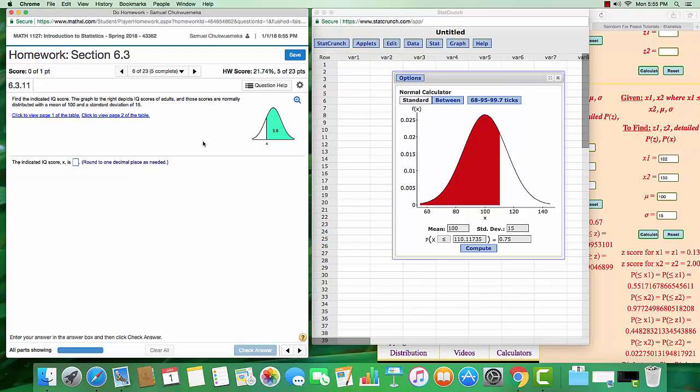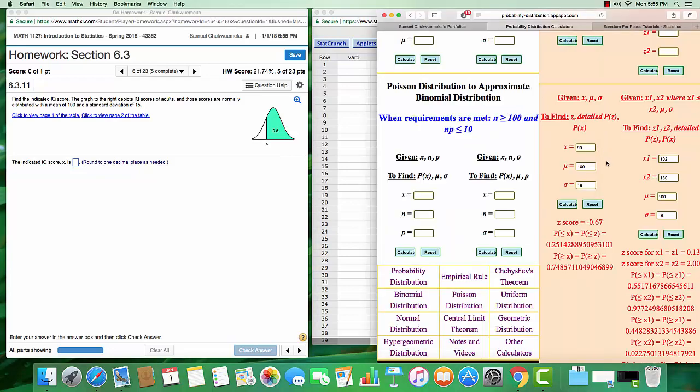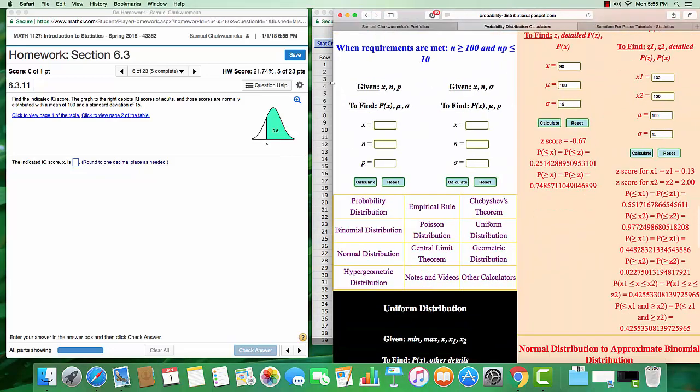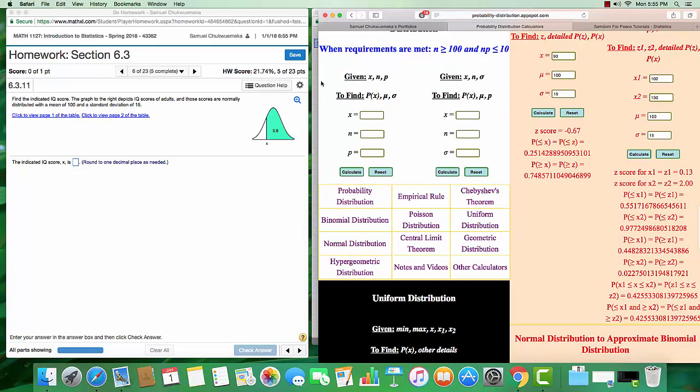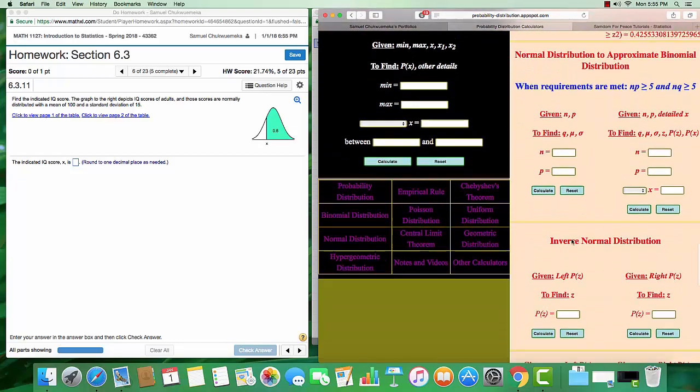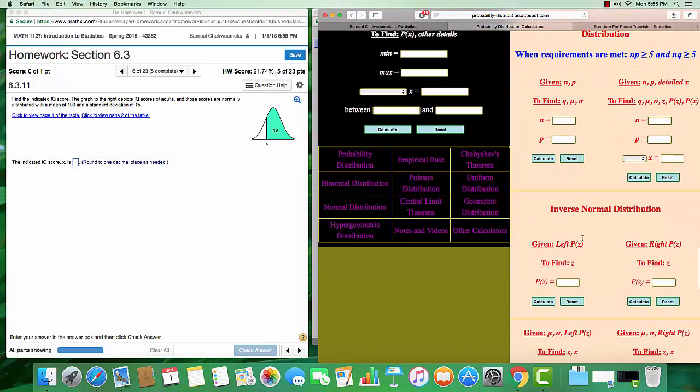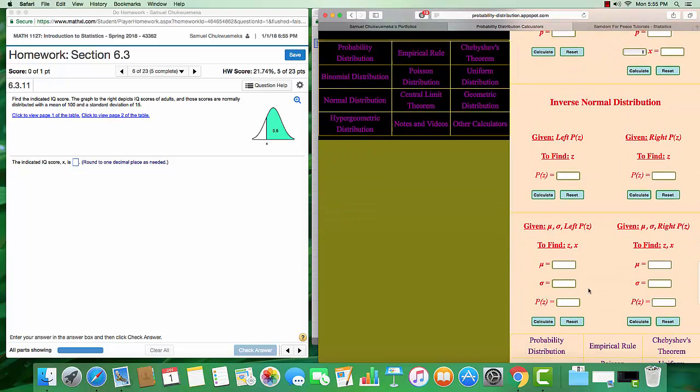This one, they ask you the same thing, but they gave you area to the right. So my turn. With my calculator, they are asking for the x, the variable, because they gave you the probability and you have to find the variable. So just scroll down to inverse normal, and you use this if you're using your TI 84 Plus, inverse normal.